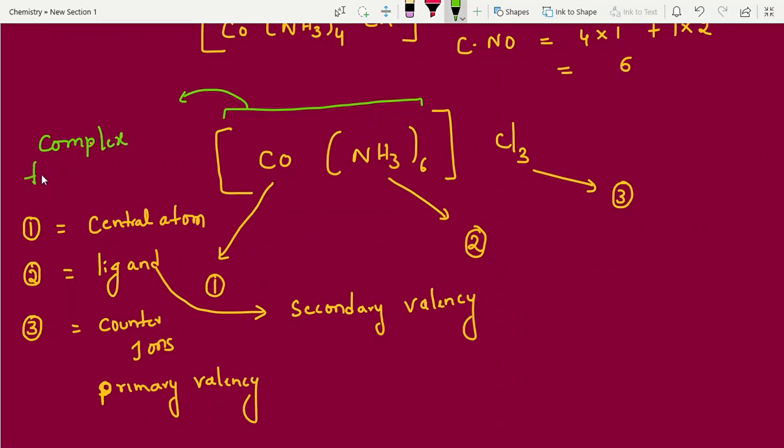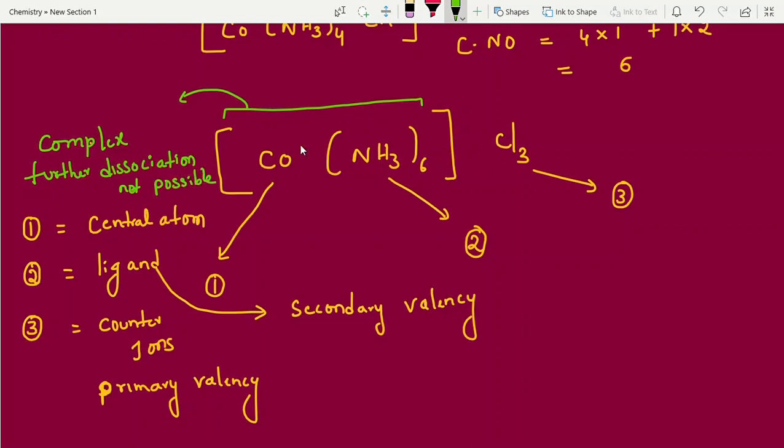Further dissociation is not possible. That is single. Further ionization is not possible.